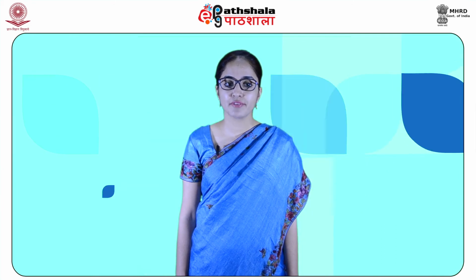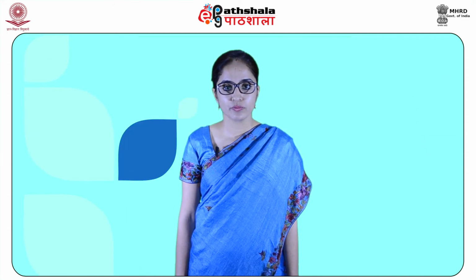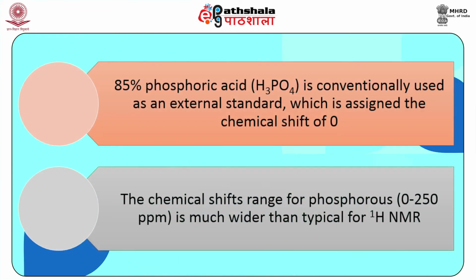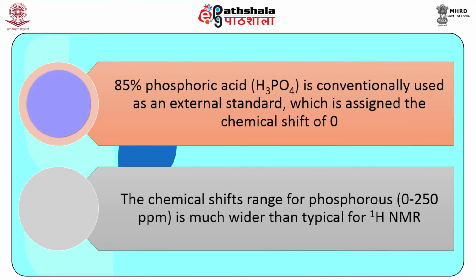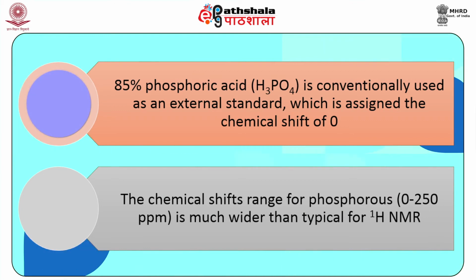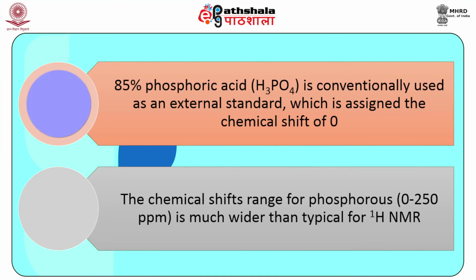Like proton and 19F, that is fluorine-19, it has a spin of 1/2, thus making spectra relatively easy to interpret. Now 85% phosphoric acid, that is H3PO4, is conventionally used as an external standard, which is assigned the chemical shift of 0.